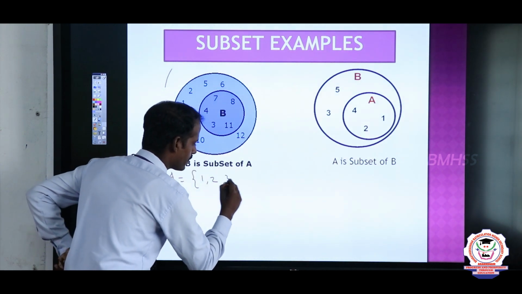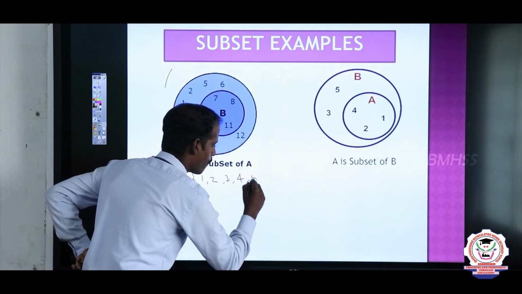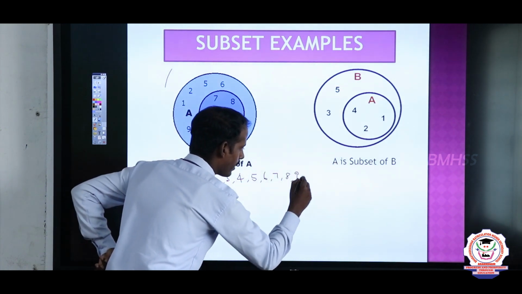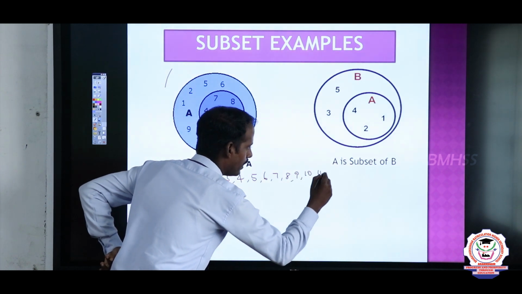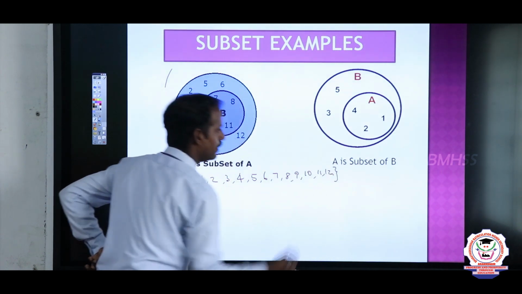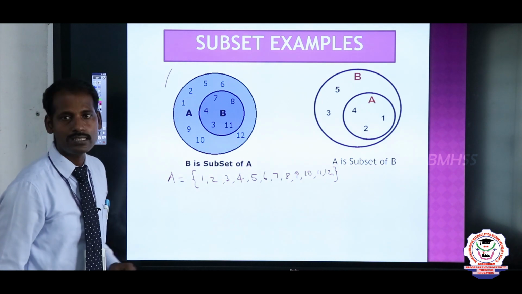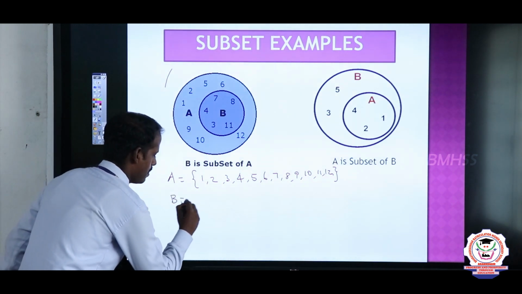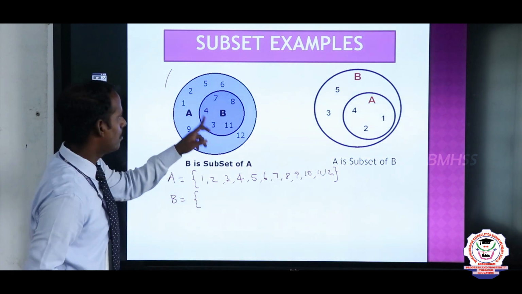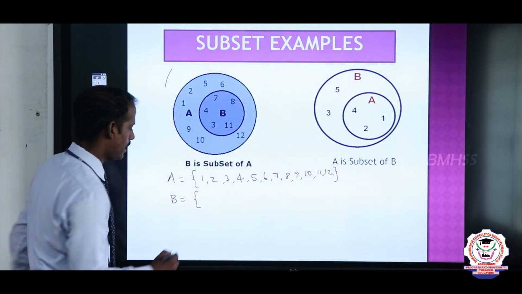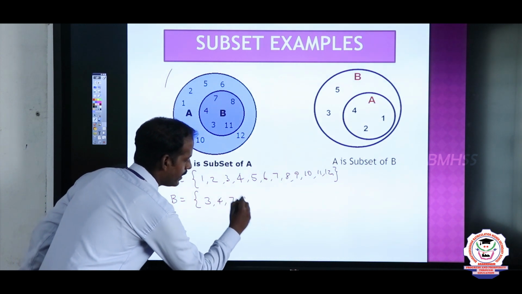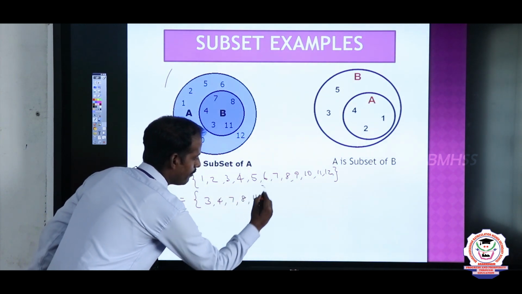How many elements? 12 elements. Here set B is {3, 4, 7, 8, 11}.